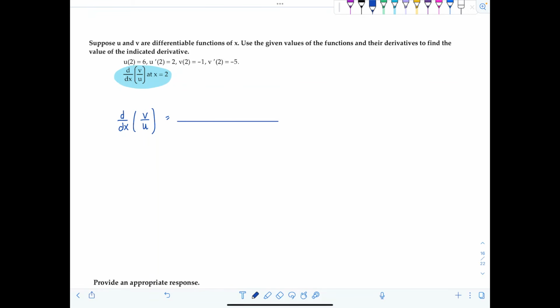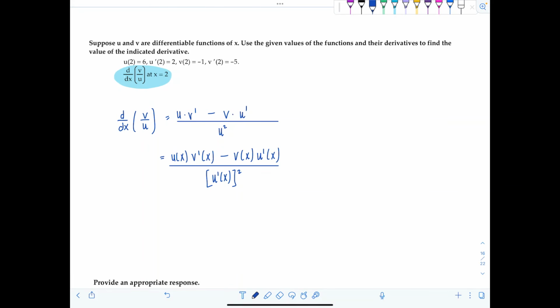We have low, d high, v prime, minus high, d low, over low low. Those are all functions of x. So really you have u of x, v prime of x, minus v of x, u prime of x, over u of x squared.